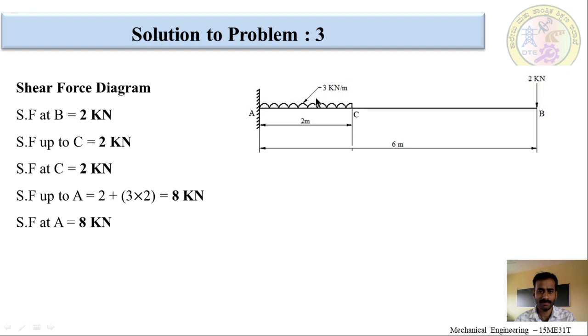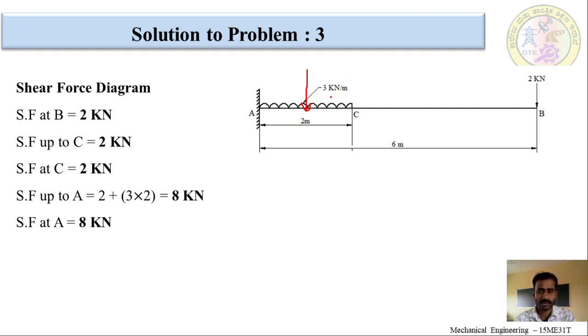As there is a UDL, the shear force value increases gradually from C to A. So, shear force up to A is equal to 2, this load, plus the UDL. We have to replace this UDL by an equivalent point load for the calculation.